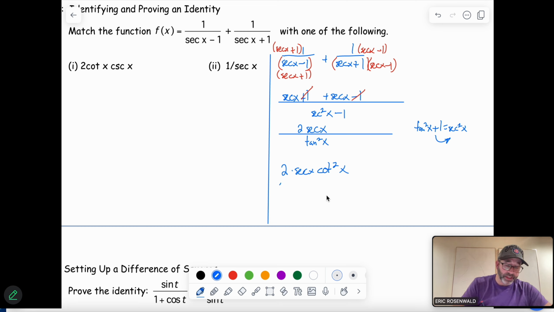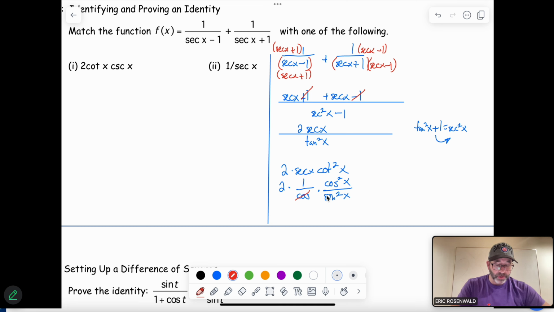We know that secant is the same as 1 over cosine of x. And we know the cotangent is the same as cosine squared x over sine squared x. So that means that I can take one of my cosines away from each of these, and what we're going to be left with is a 2 and then a 1 over sine squared x.